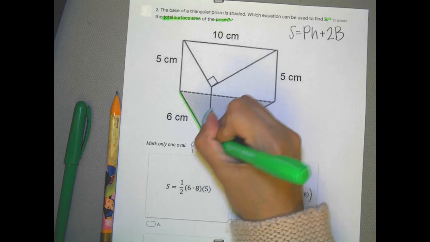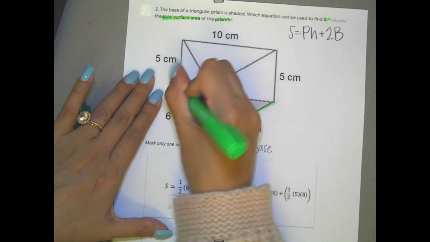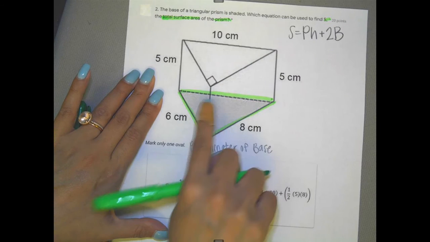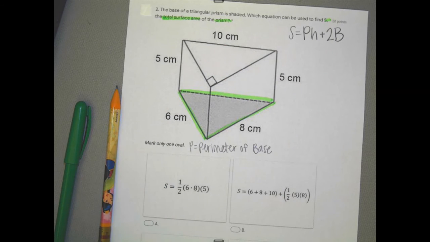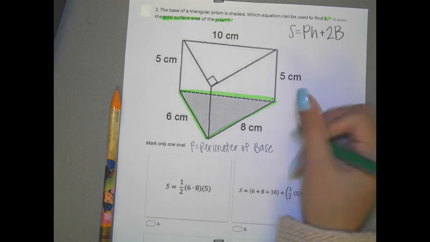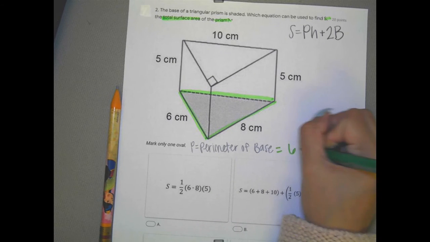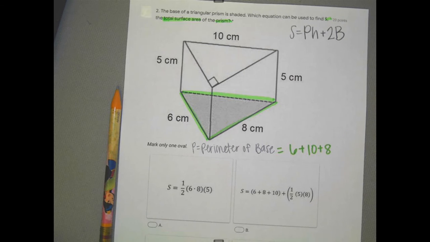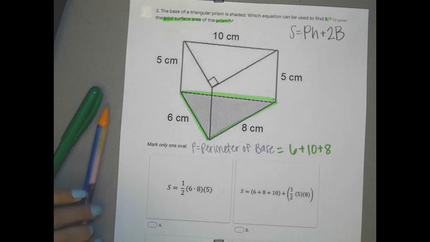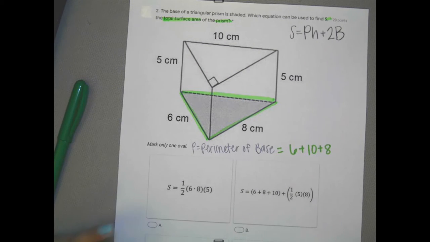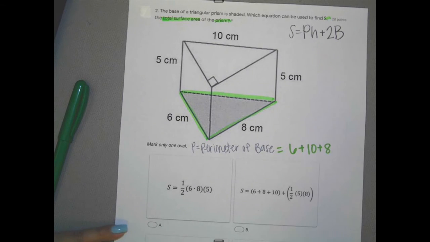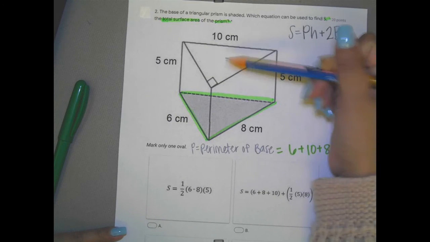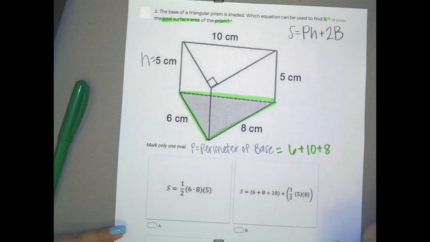So 6, 8, and then this side here, which would line up with 10 centimeters here. So to get my perimeter, I would do 6 plus 10 plus 8. And then we've talked about height being the distance between our two bases. So from this triangle to this one up here, my height is going to be 5.